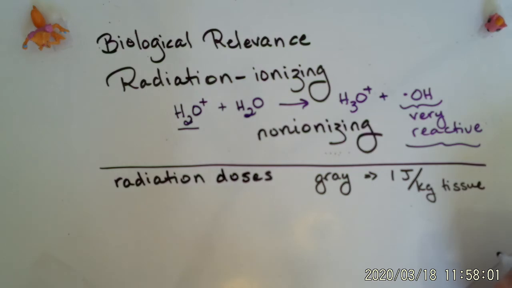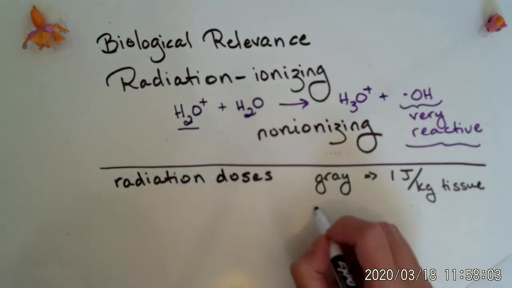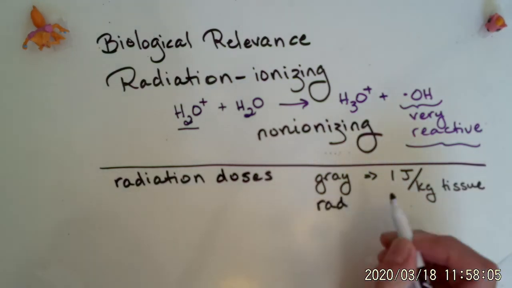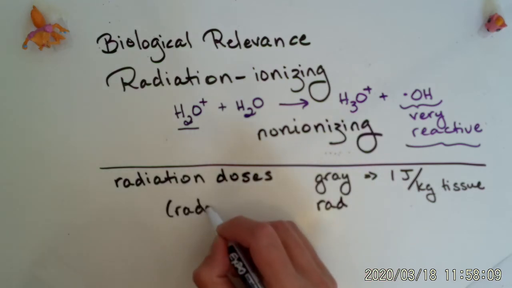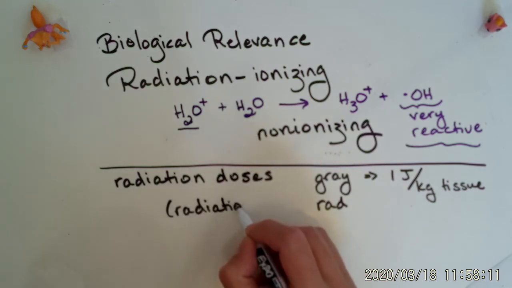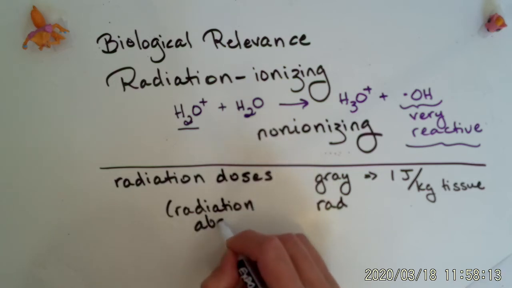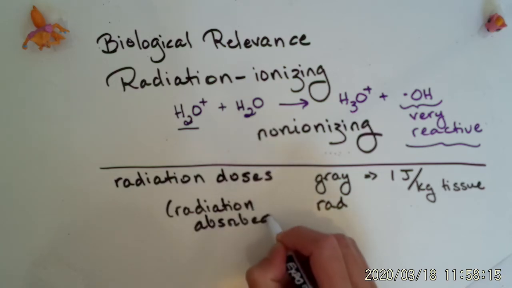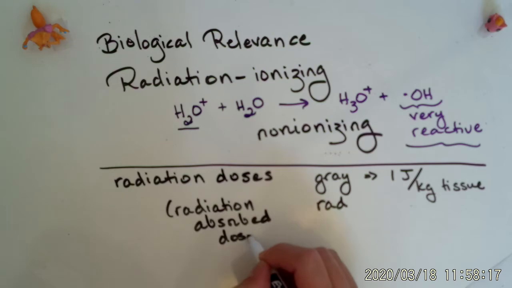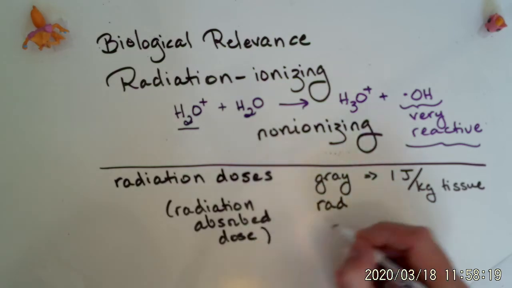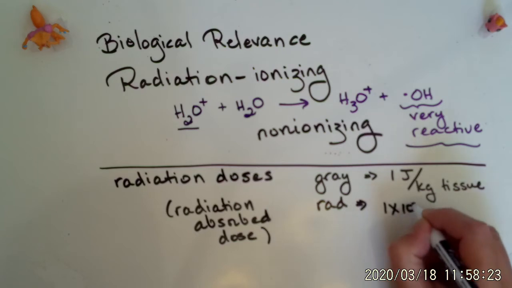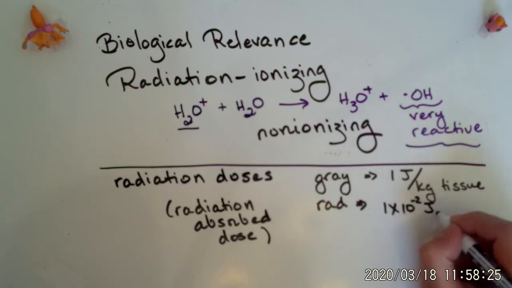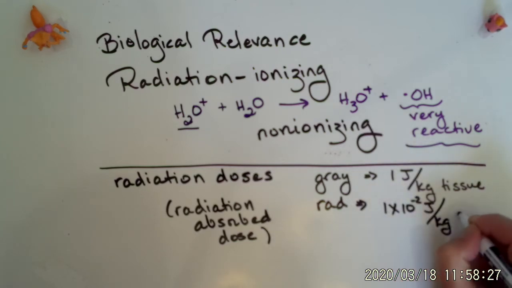Another term is called the rad, the radiation absorbed dose, and it corresponds to 1 times 10 to the minus 2 joules per kilogram of tissue.